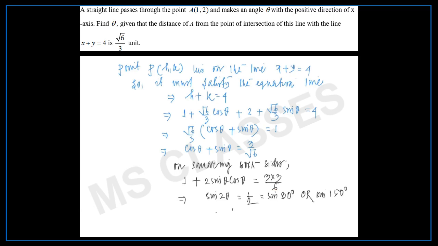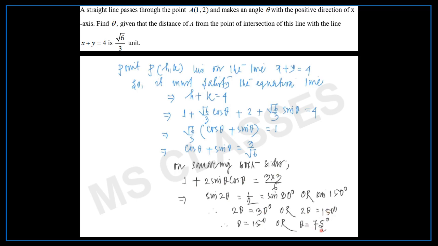Therefore 2 theta equals 30 degrees or 2 theta equals 150 degrees. So theta can be 15 degrees or theta can be 75 degrees.